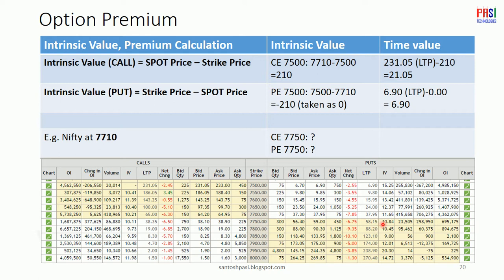So let's calculate my intrinsic value. 7750 minus 7710, that's 40 rupees. So out of this 58.15, 40 rupees is my intrinsic value, and 18 rupees 15 paise is my time value. And remember, time value will become zero on expiry, in case the market expires at the current price itself.